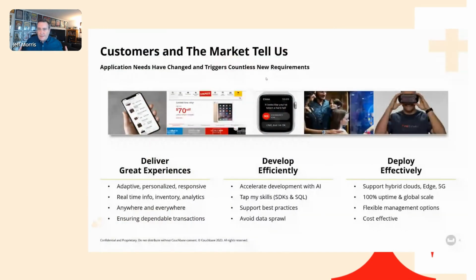So these are examples, as Suzanne said, of what the market expects out of their user-centric applications right now. The goal is to deliver these really phenomenal user experiences that are indeed adaptive. They're highly personalized. They're super responsive. They happen in real time. They give you immediate information, whether it's matching your profile to a catalog of inventory of stuff, or providing some other kinds of capabilities.